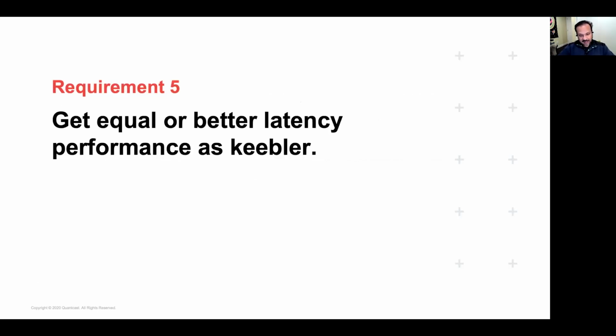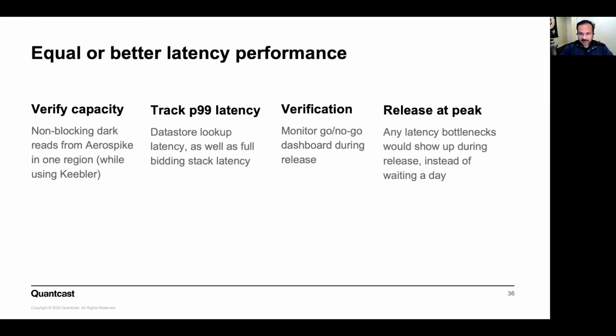The other requirement was that we wanted equal or better latency performance from Keebler. The first part of doing that was to verify that we had sized our Aerospike cluster correctly. What we did is that in our largest region, the region where we get the most bid requests, we tested it out with non-blocking dark reads from Aerospike.